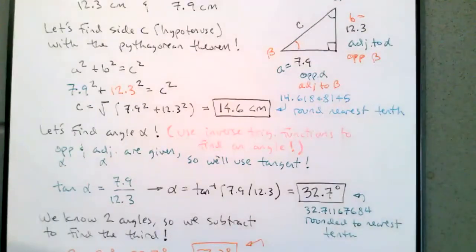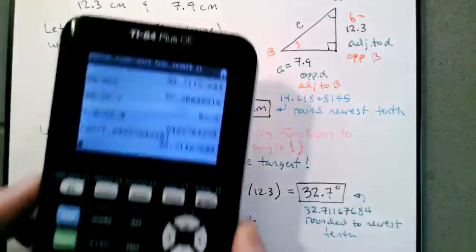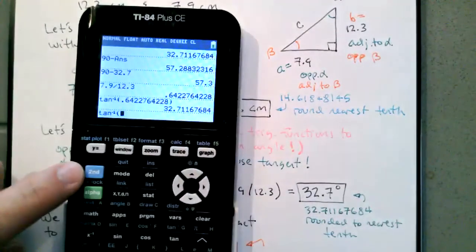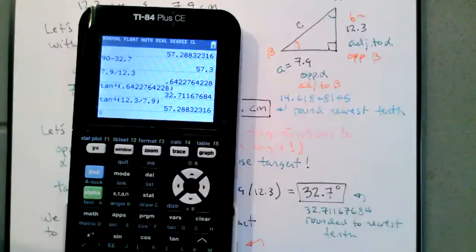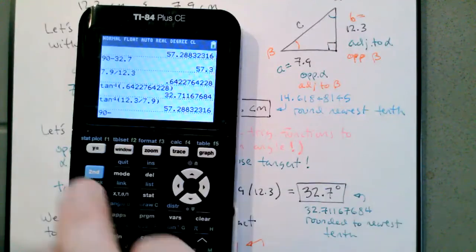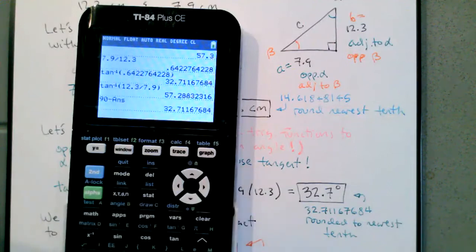So I could have done a tangent of beta equals 12.3 over 7.9. So I could have calculated beta as the tangent inverse of 12.3 divided by 7.9. And that would get me the 57.3 degree angle first. And then I could have just subtracted from 90 and found the 32.7 degree angle afterwards.